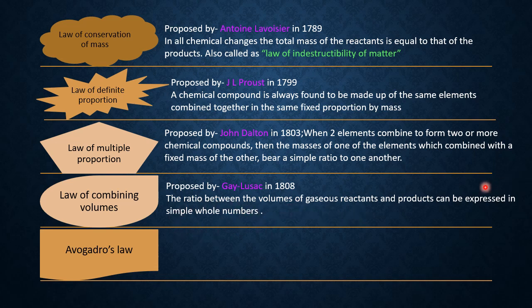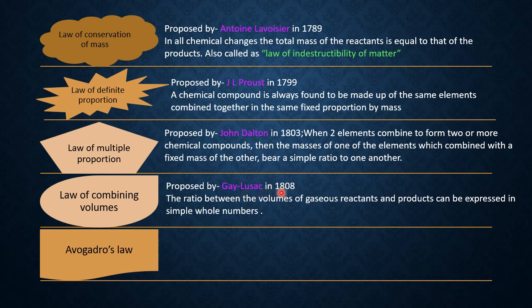Nitrogen 1, hydrogen 3, 1 is to 3. So a simple ratio, 1 and 3. They are in simple whole numbers, not in fractions like 1 by 2, 3 by 4, or 1 by 8, not like that. Here also we can conclude whether atoms and molecules participate in the gaseous form, solid form, or liquid form, they participate wholly. That is the meaning of these two laws.